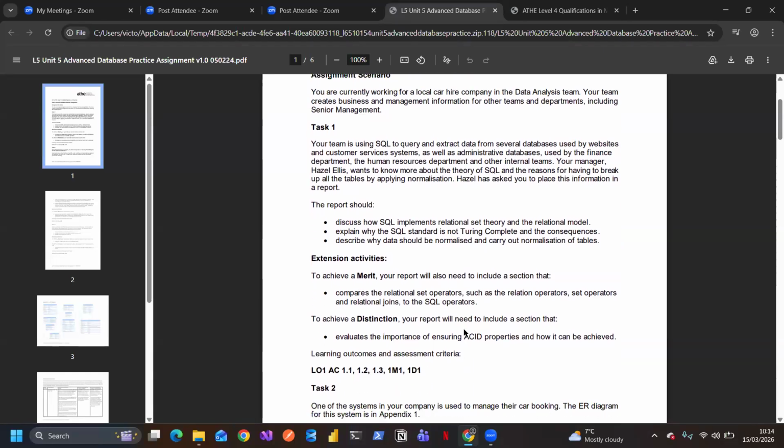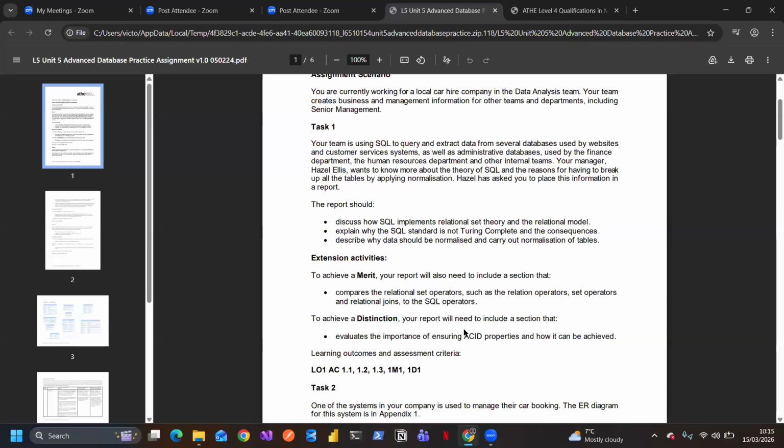In task number 1, your team is using SQL to query and extract data from several databases used by website and customer service systems, as well as administrative databases used by the finance department, the human resources department, and other internal teams.